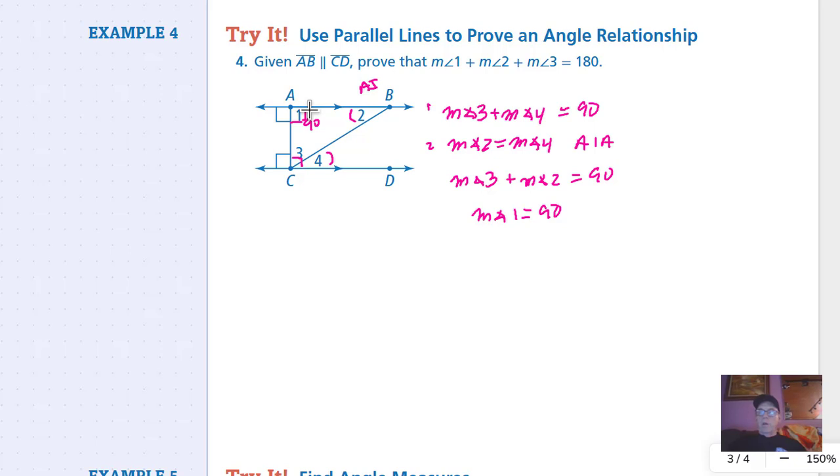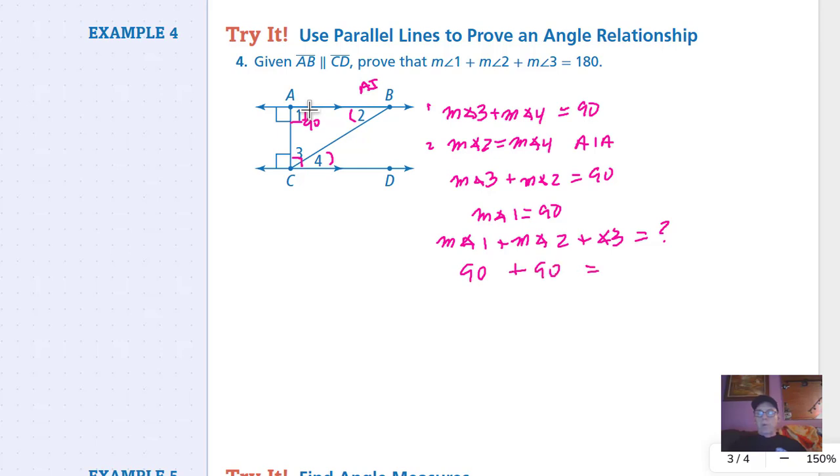Now altogether, if we add the measure of angle 1 plus the measure of angle 2 plus the measure of angle 3 and substitute all this in, the measure of angle 1 is 90. The measure of angle 2 plus the measure of angle 3 is also 90.